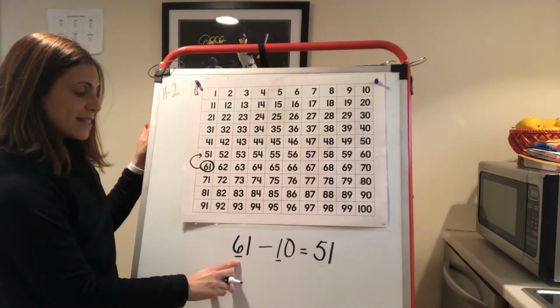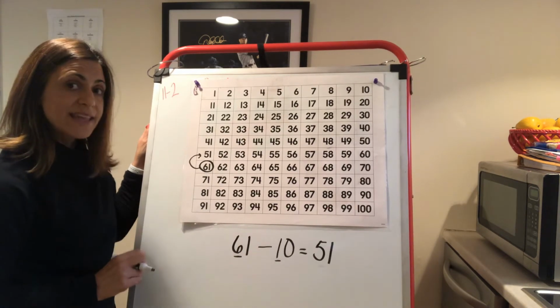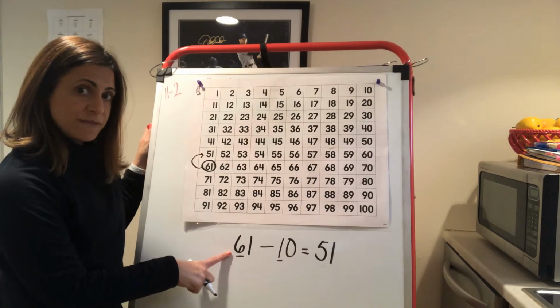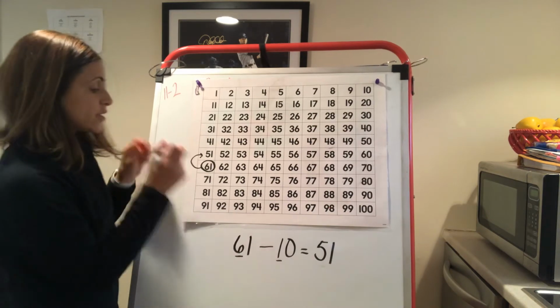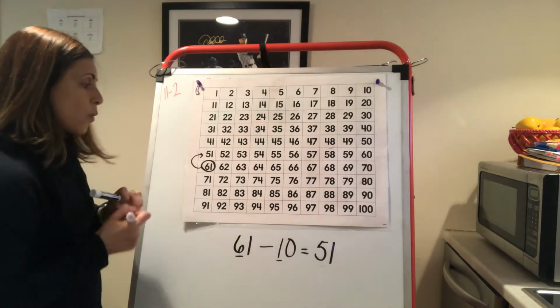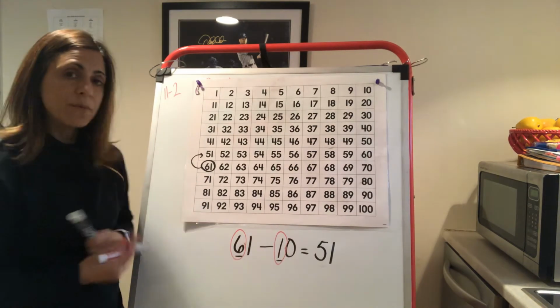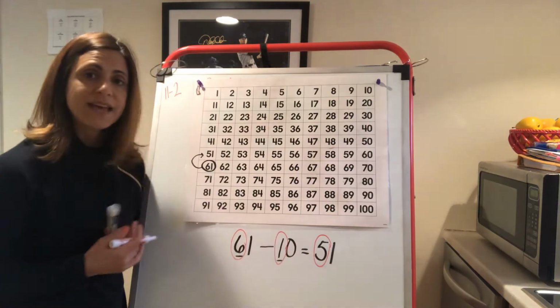We also looked at the numbers in the tens place, okay? We know that the groups of 10 are going to change and the ones are going to stay the same. When I look at 61, there are 6 groups of 10. When I look at 10, there's one group of 10. So if you can just imagine what is 6, take away 1, that will help you get to your answer, the number that's in the 10 spot.